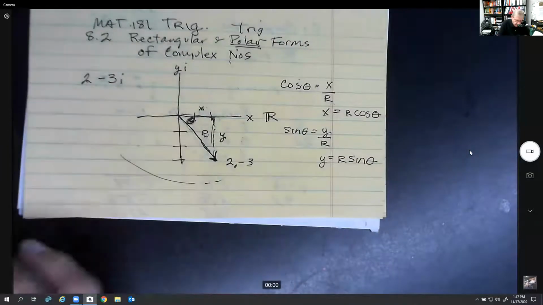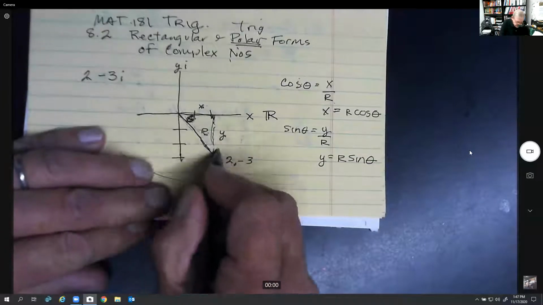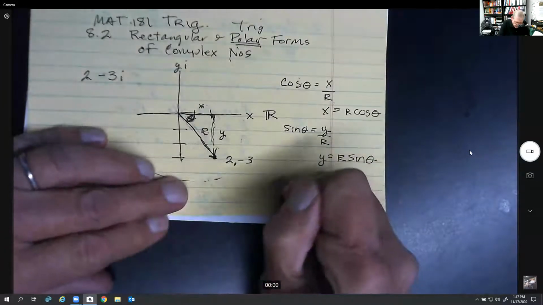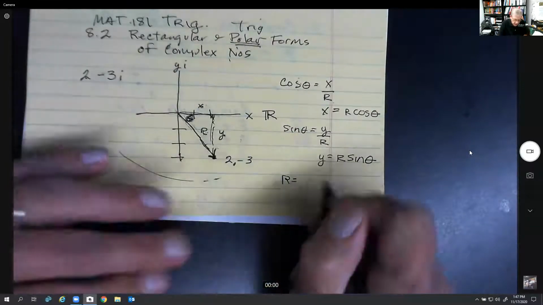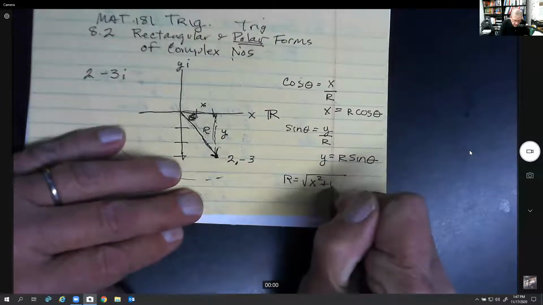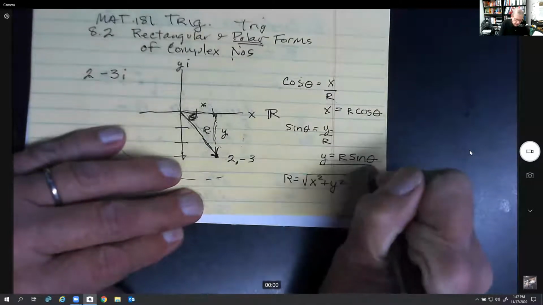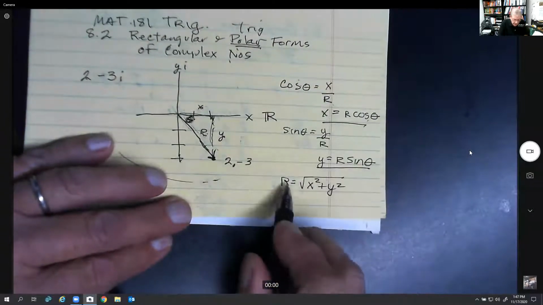What about r? How could we find r? Well, if this is the longest side, r squared would equal x squared plus y squared, or r is the square root of x squared plus y squared. So these are important relationships, x, y, r.